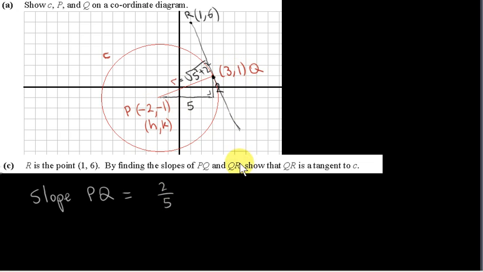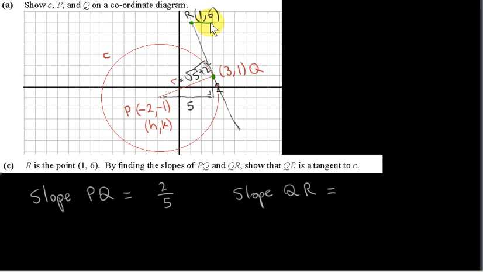Let's look at the slope of RQ, or QR. Well, we can use the diagram to get that. It's quite straightforward to use the diagram using these 2 points to get the slope of this line.